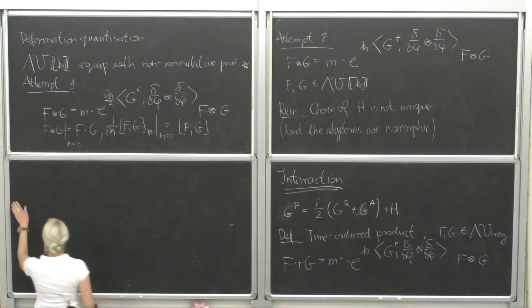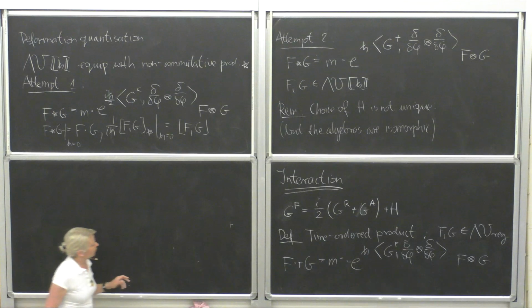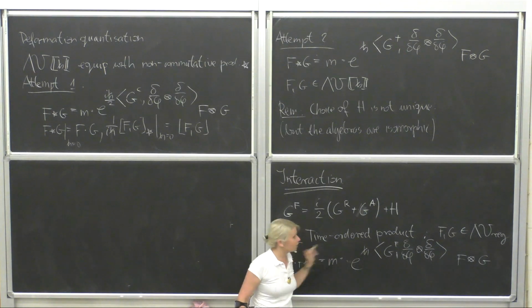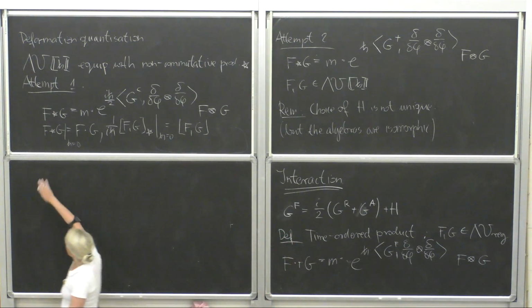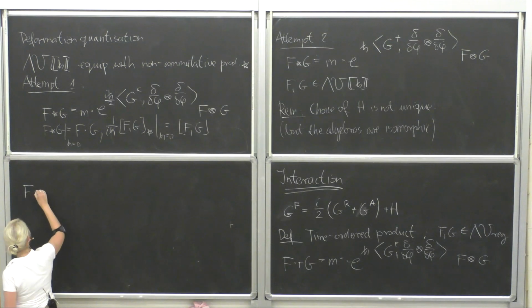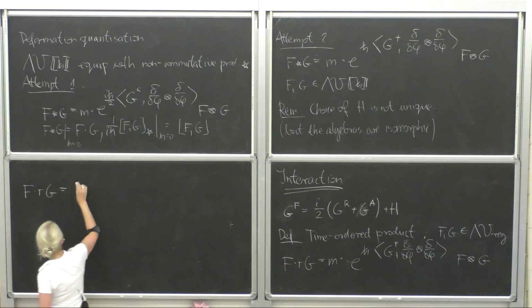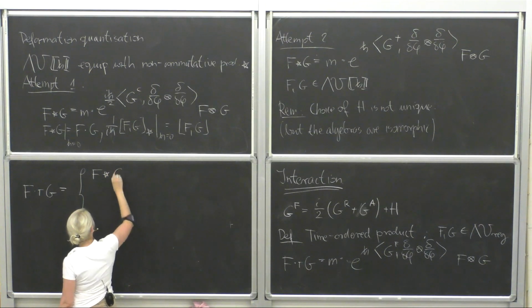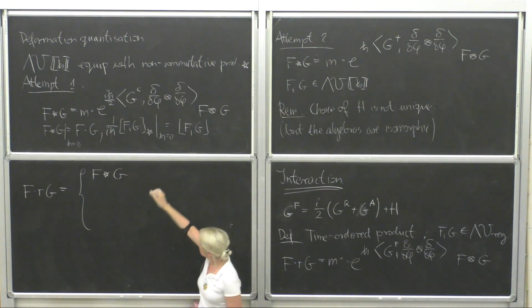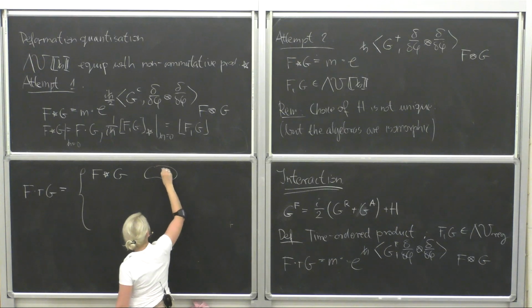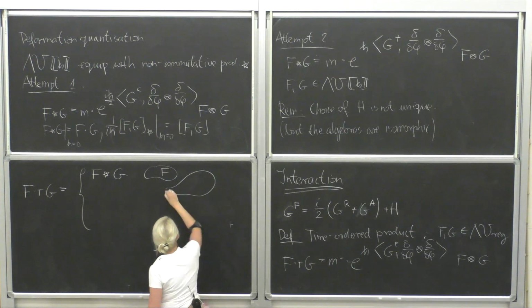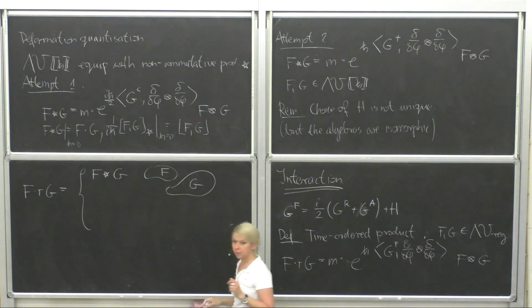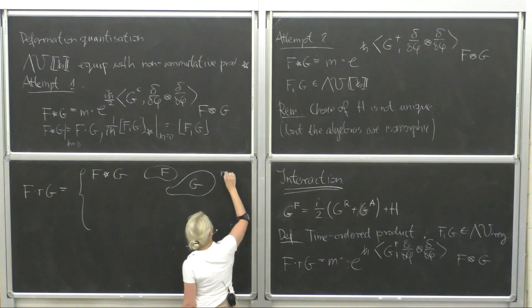So let's give the relation to the star product that justifies the name time-ordered. So F time-ordered G is F star G if the support of F is not earlier than the support of G. Okay?